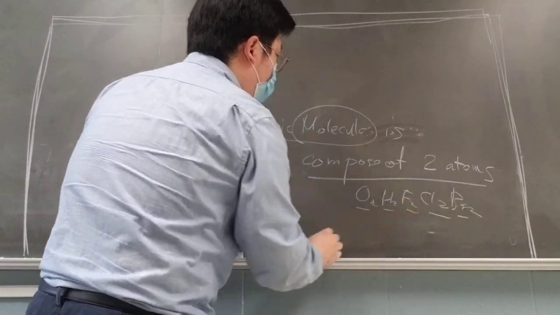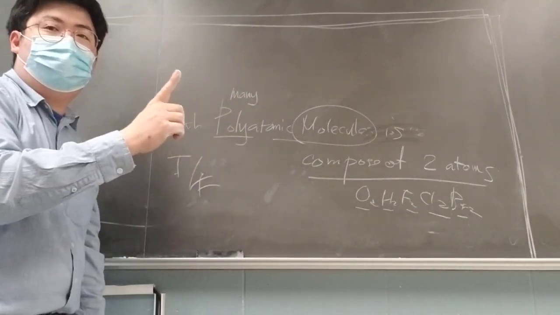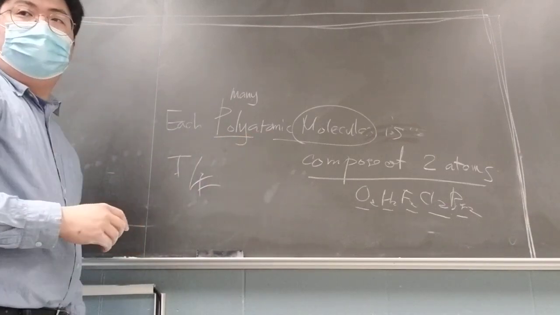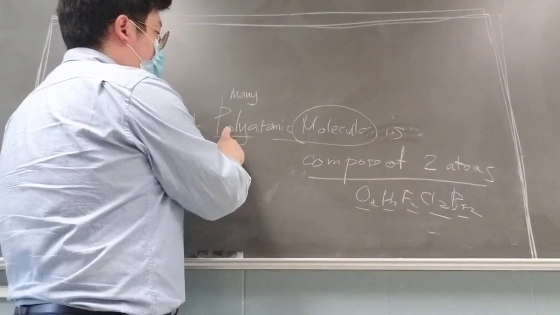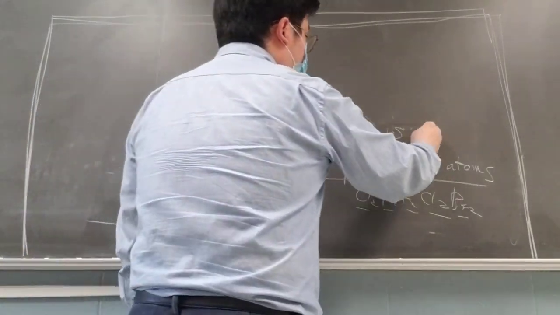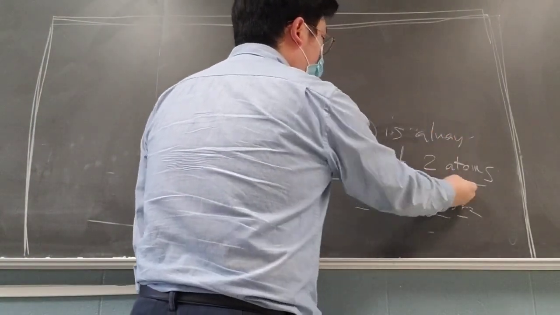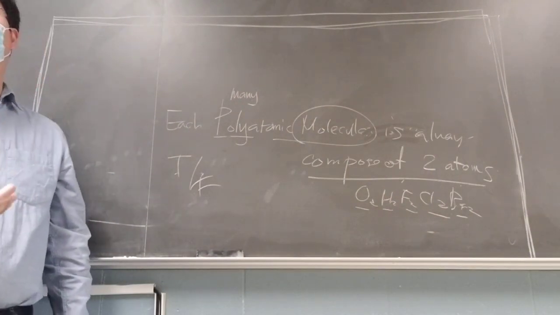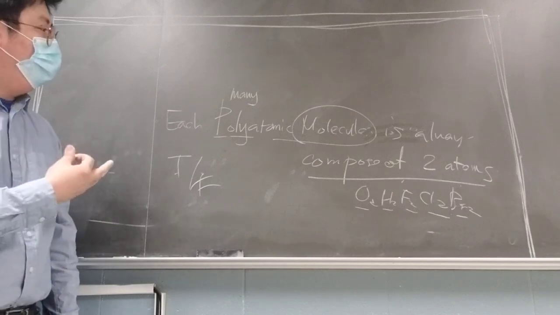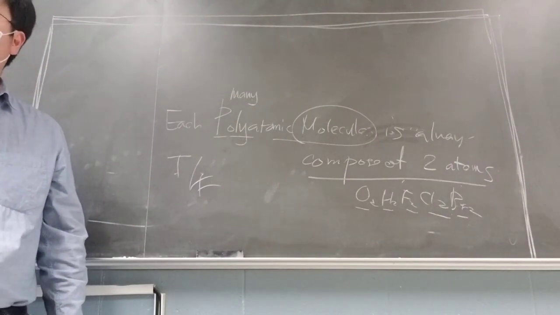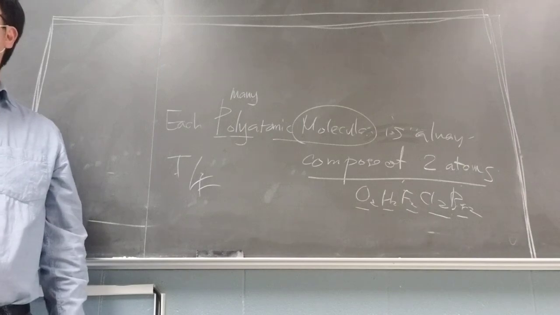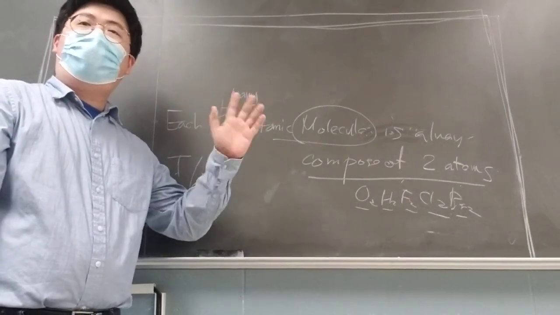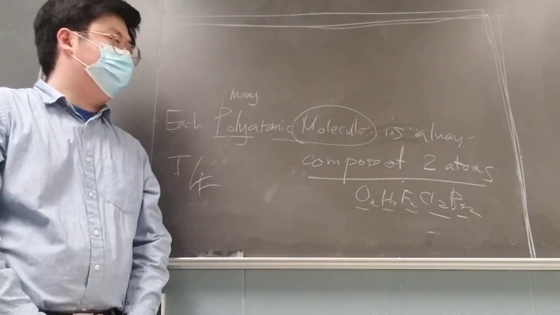But this is only one example of polyatomic molecules. So if you say polyatomic molecules are always composed of two atoms, that will be false, because it could be 2, but also 3 and 4 and 5. That will make this statement not correct.